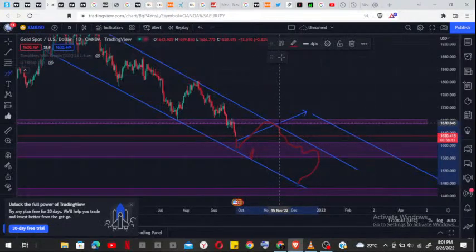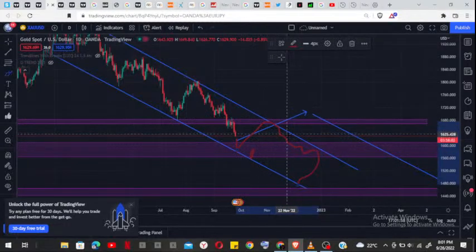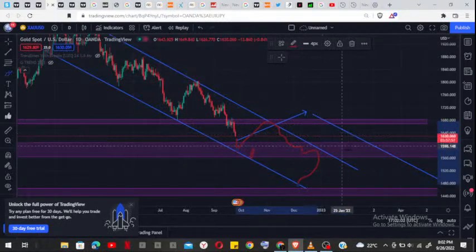We might also have a ranging market. You have to have a prediction of what might happen in the market, because gold might drop to this level over here, and then we'll be able to see some resistance, some ranging markets playing along these zones, until we get another breakout, maybe going downwards or maybe going up.